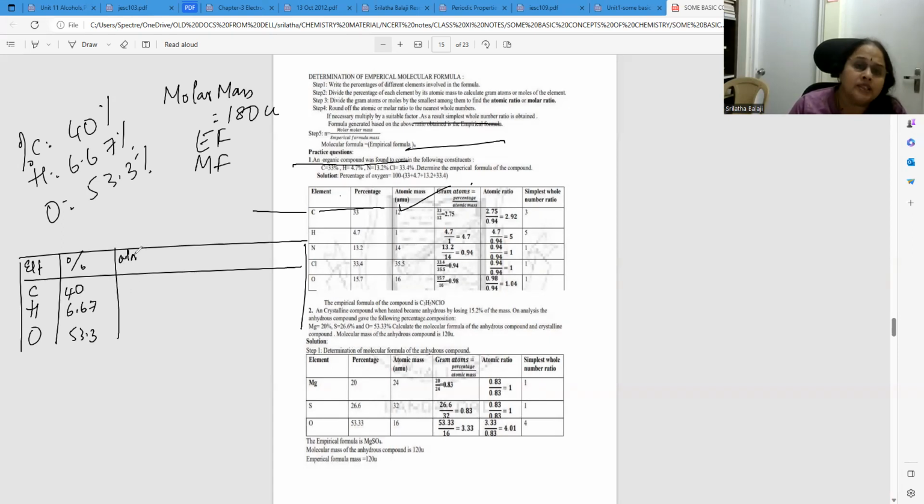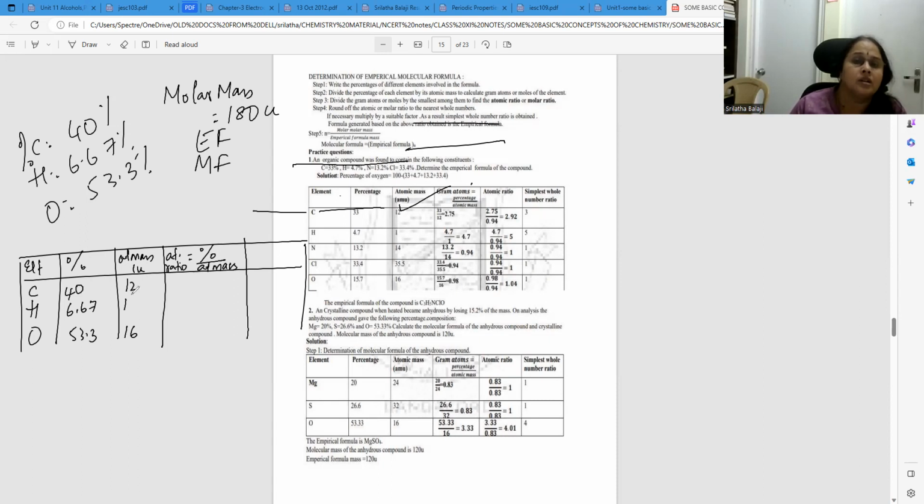So what is the atomic mass of these elements? 12, 1 and 16, right? In atomic mass units. So what is the ratio of atoms, also called the number of moles? This is given as percentage divided by atomic mass.